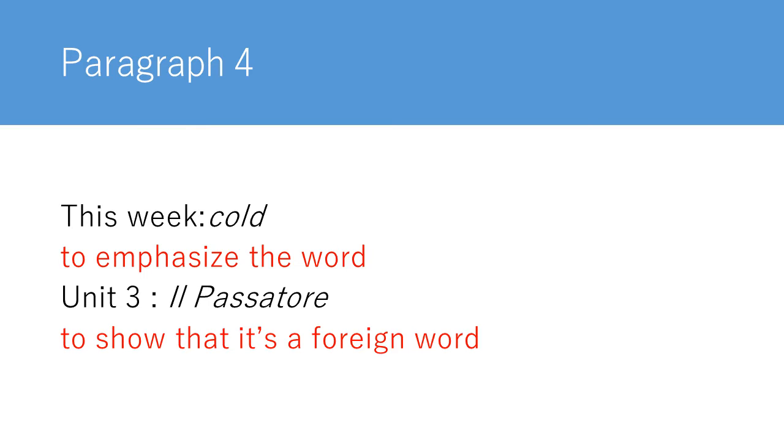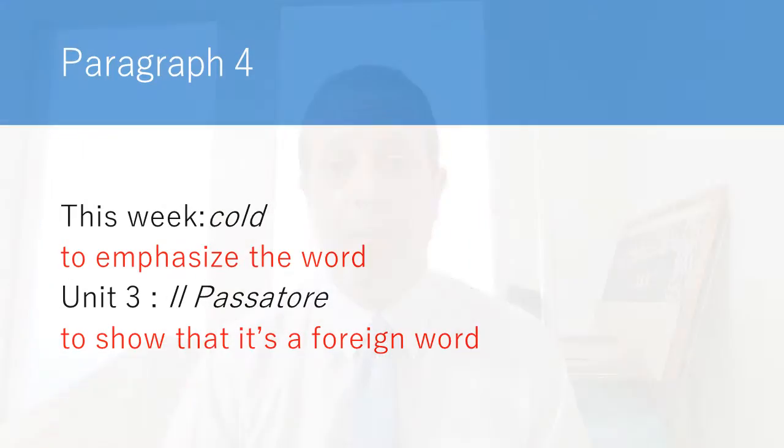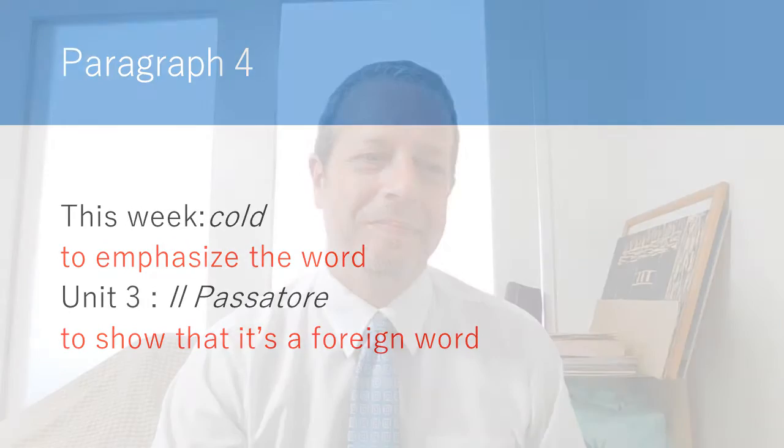In this case, the italics are being used to emphasize the word. I mentioned at the time that we would talk about some different ways that italics are used. So here we have 2 of the ways. This week, Antarctica, cold, it's used to emphasize the word. A couple weeks ago in Unit 3, il passatore, it's just used to show that this word is not English. So don't worry if you've never heard this word before.